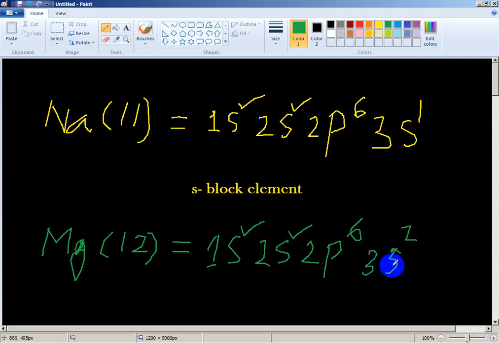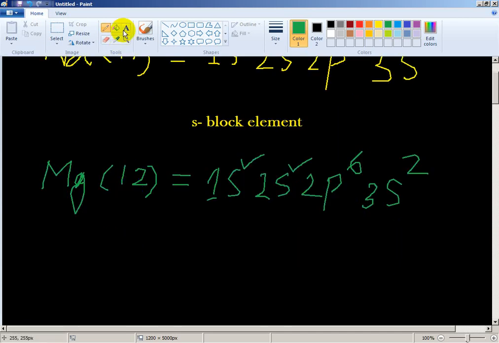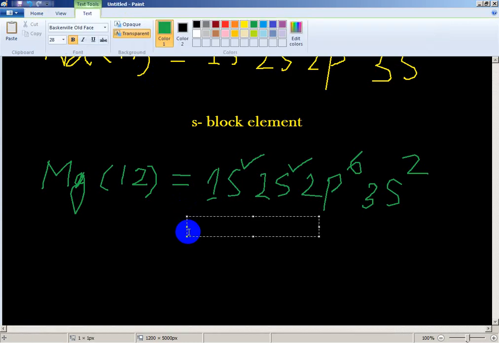Yes, s block element. Look, the last electron enters the s orbital. So magnesium is an s block element.